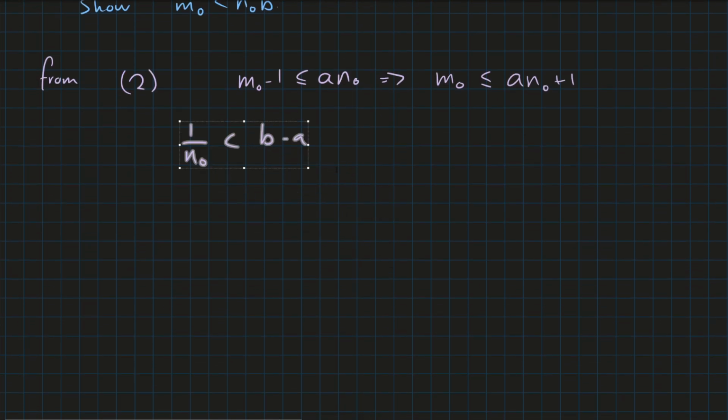So we can take that, we recall. So we know here that we can move a to the other side. So we have a is strictly less than b minus 1 over n naught.